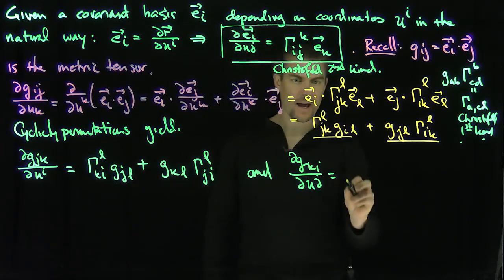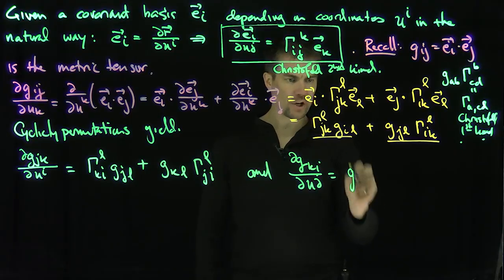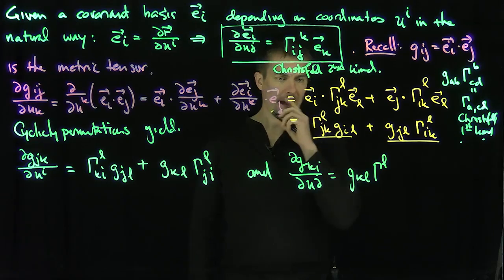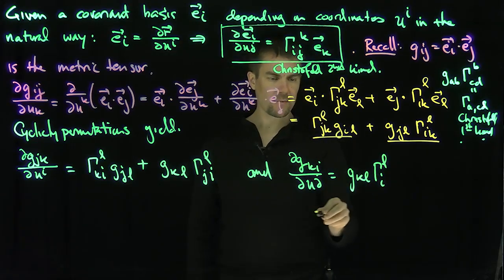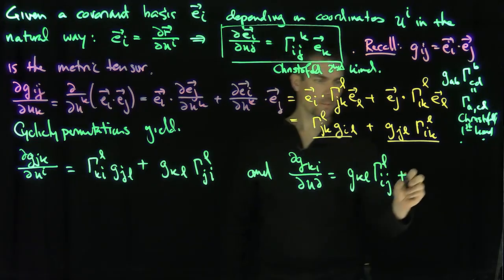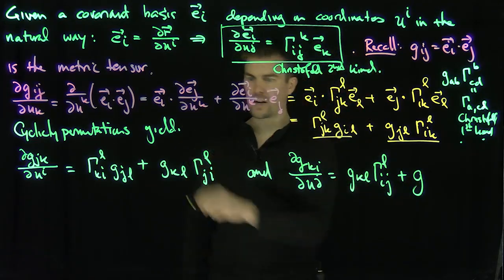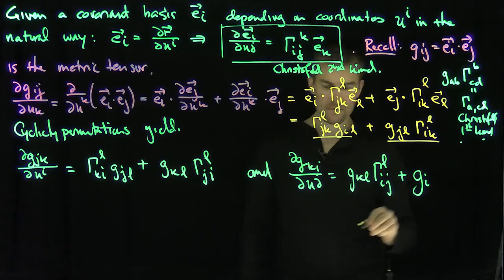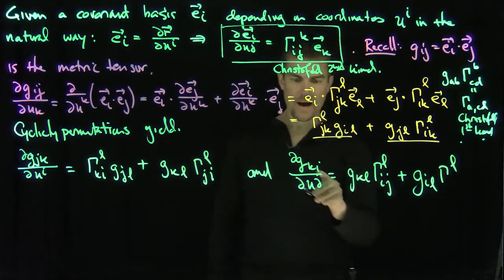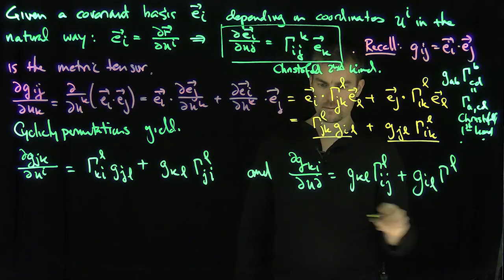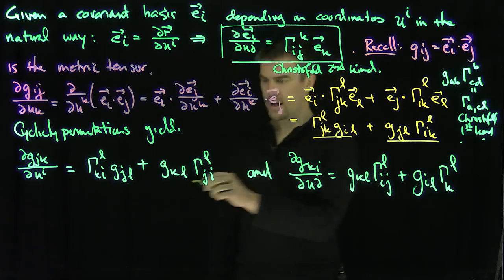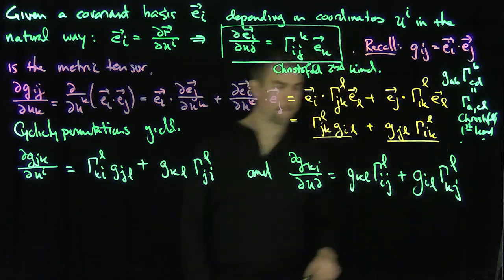Now my I is equal to K, so this is going to be a G_{iK}... G_{kL}, and then a gamma^L, and then a J was really an I, and then K is really a J in this case, plus G... my J is really my I in this new case, and then my L is still my L, gamma^L, and then my I is really my K, so I is really K in this formula, and K is really a J, like that, okay?